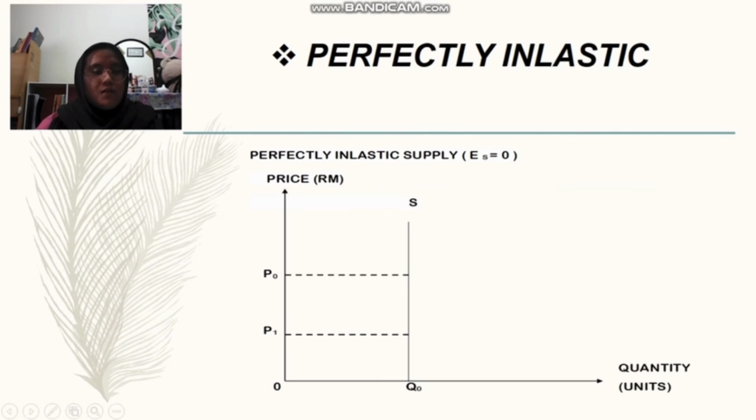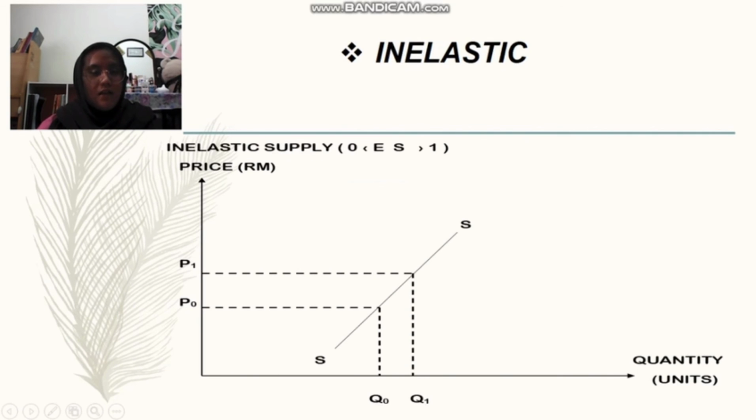So this is the first graph, the perfectly inelastic. As we know, with perfectly inelastic supply, a change in the price of the good does not affect the quantity. So the price will increase, but the quantity stays the same. The second one is inelastic.